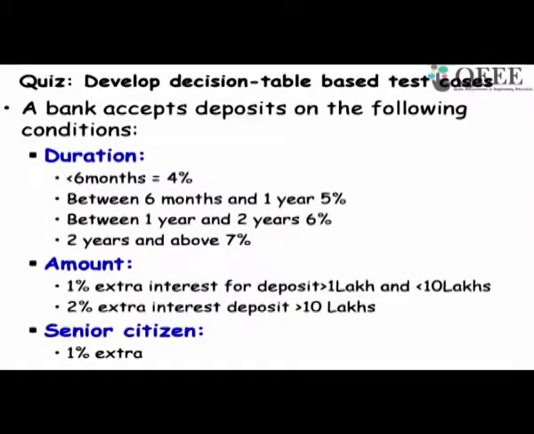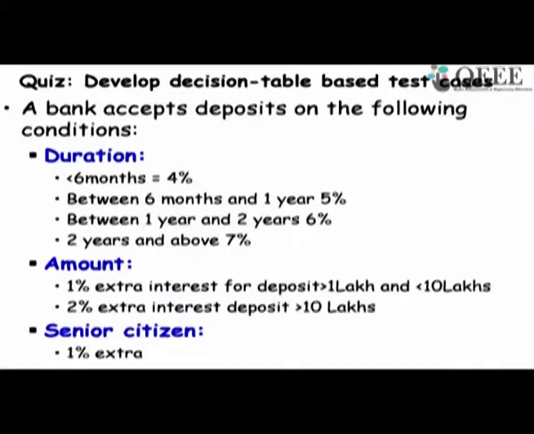If the duration is less than 6 months, then get 4% interest. If it is between 6 months and less than 1 year, then get 5% interest. If it is between 1 year and less than 2 years, get 6% interest. If it is 2 years and above, get 7% interest.